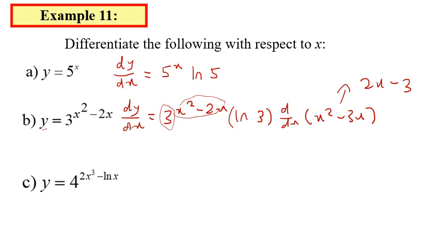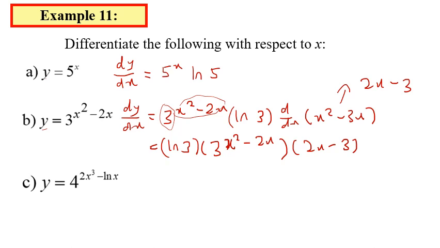So we rearrange: I think the coefficient we put at the front. So ln 3, 3 power of x squared minus 2x, and lastly 2x minus 3.